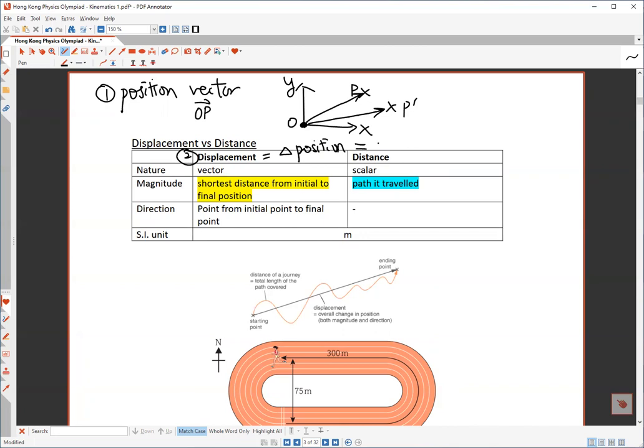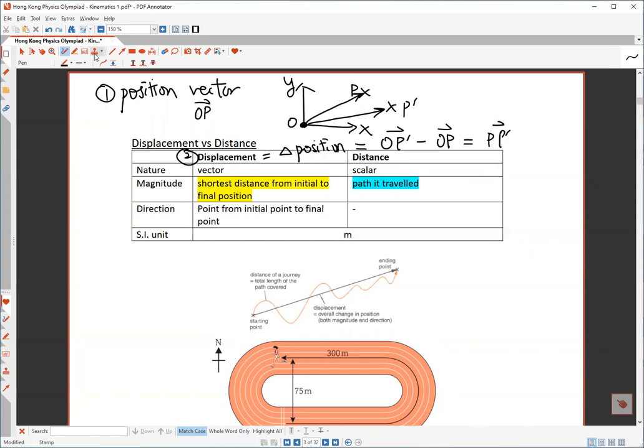Then the displacement is vector OP prime minus vector OP. Or you can also treat it as PP prime, pointing from P to P prime.